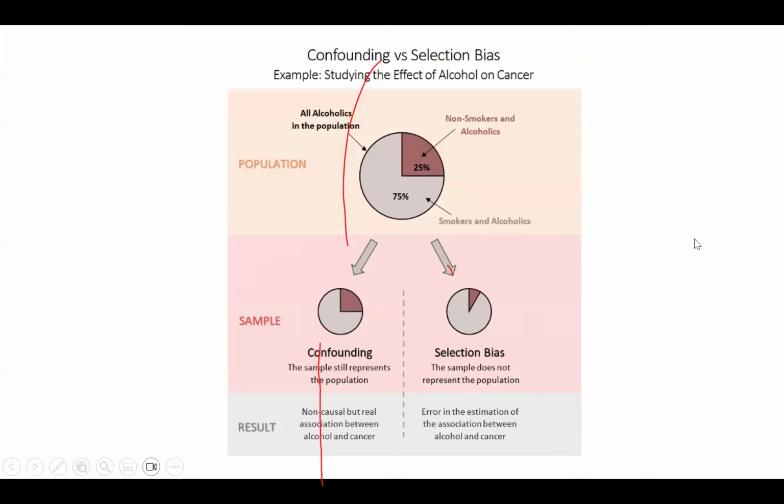So this is again a diagram showing confounding versus selection bias. For example, studying the effect of alcohol on cancer. There is the whole population, and all alcoholics are in the population. In this, 25% are non-smokers and alcoholic, and the rest, 75%, are smokers and alcoholic both. So in confounding, it depends from where the sample is taken.